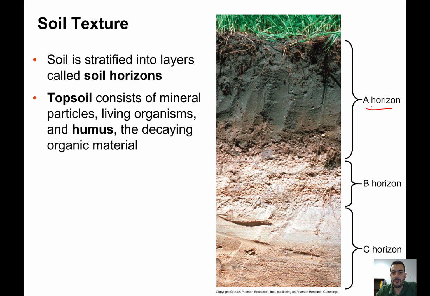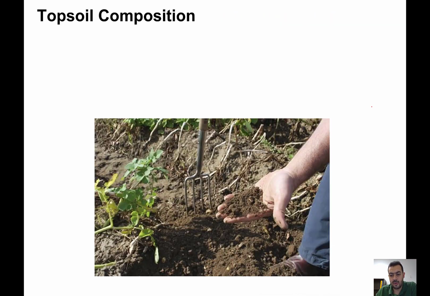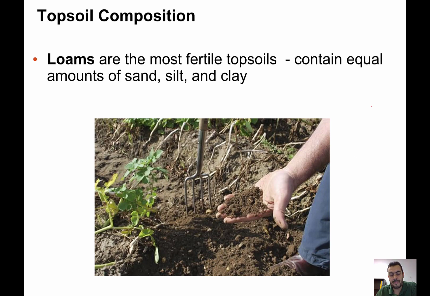It can be a few millimeters in depth in a poor soil, or it can be meters in depth in a nice and healthy soil. Moving on to the characteristics of the topsoil, one of the best types of topsoil is the loams. It is the most fertile topsoil.